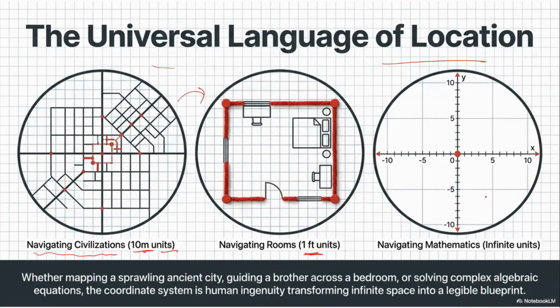And similarly, the Cartesian plane, navigating mathematics, has infinite units, whether mapping a sprawling ancient city, guiding a brother across a bedroom, or solving a complex algebraic equation. The coordinate system is human ingenuity, transforming infinite space into a legible blueprint.